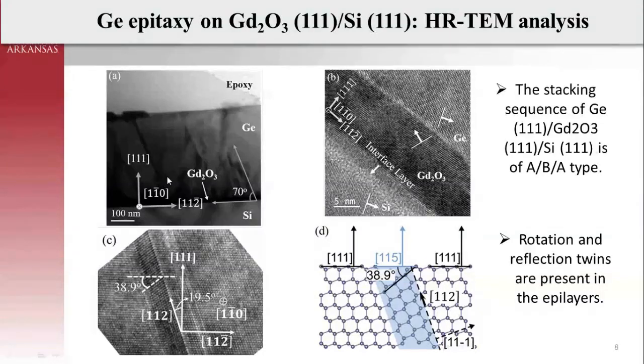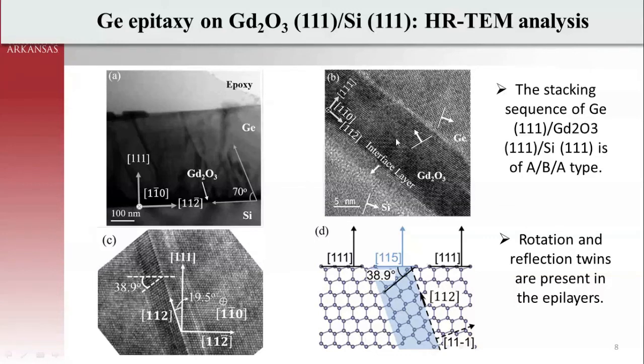Here it is important to note that the stacking fault density is lower in the upper half of the epilayers. So basically it means for material science, if you grow a higher thickness, you have better crystal quality, which will help you to get a higher performance device.